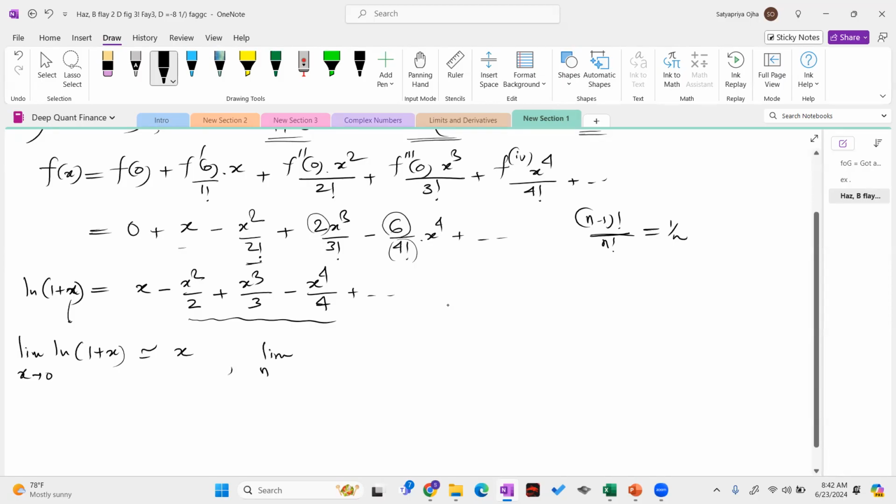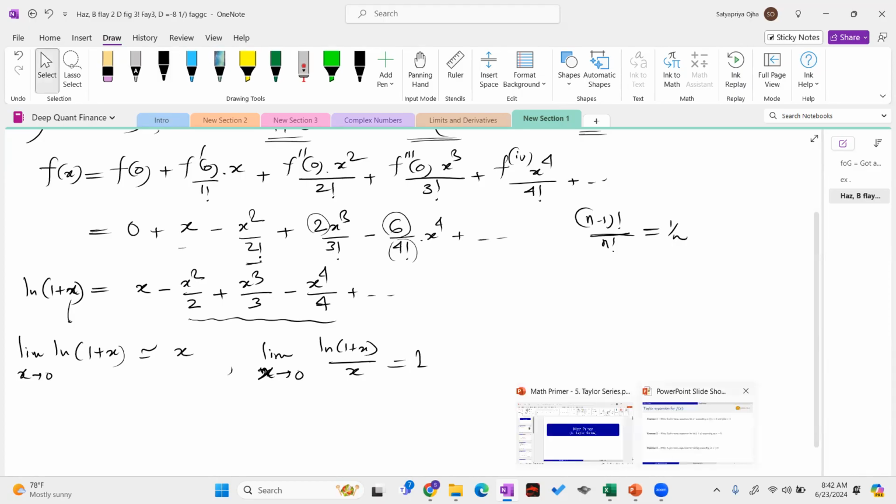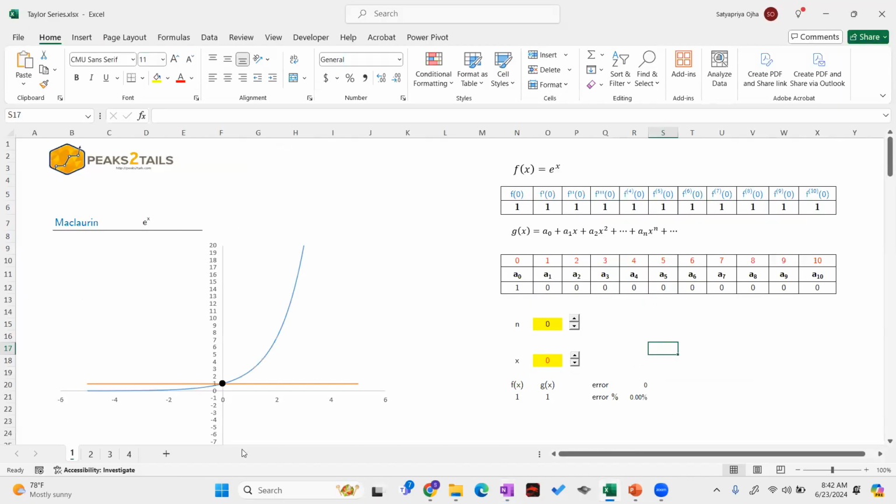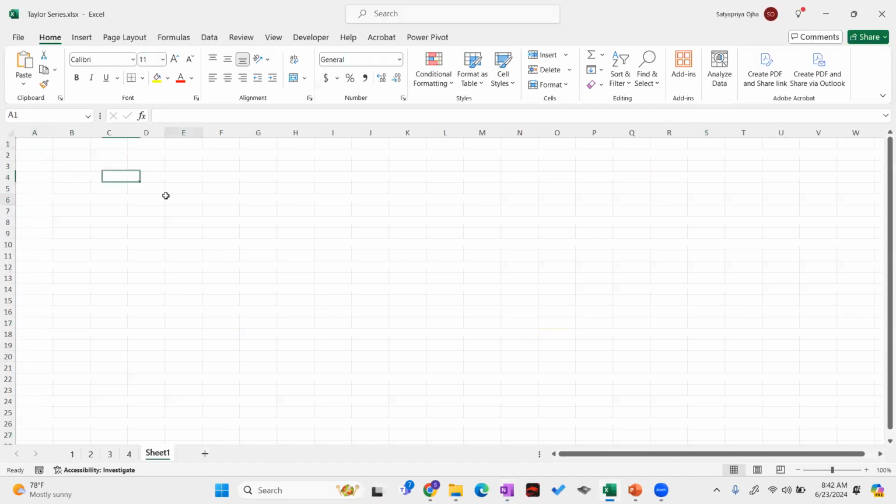Limit x tends to 0, if you take a very small value of x, then log 1 plus x will be the same as x. Okay, we can probably quickly just verify that. So this is x, this is log 1 plus x.